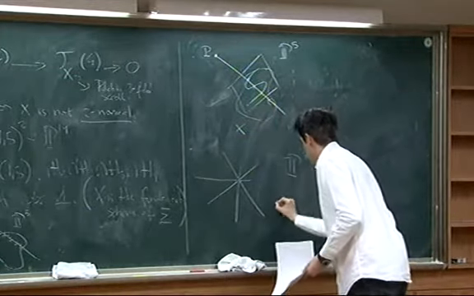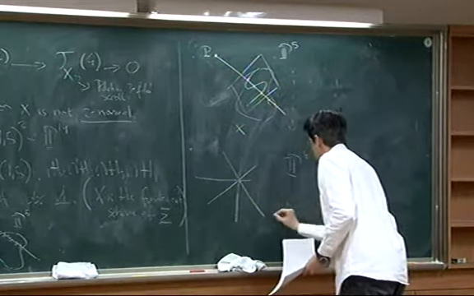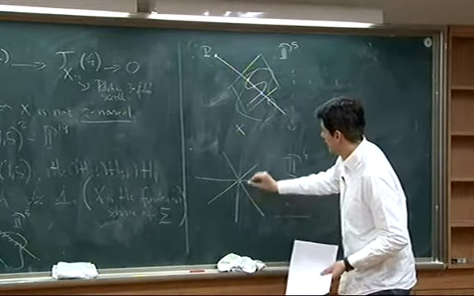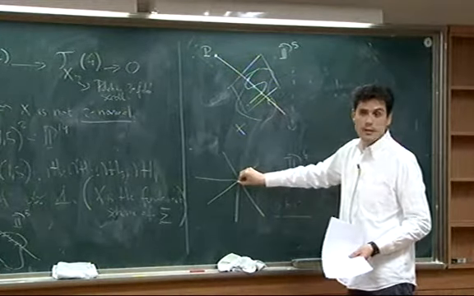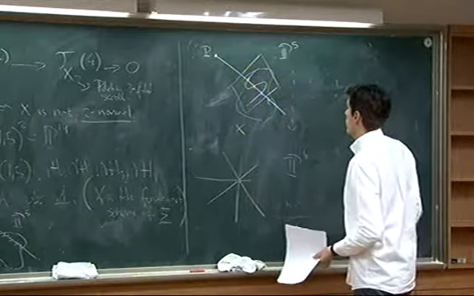So these are 4 lines, these are triple points, and this is the unique quadruple point.